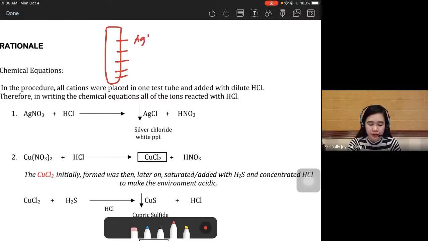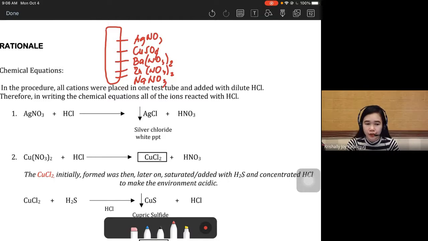We have the silver nitrate, cupric sulfate, barium nitrate, the zinc nitrate, and lastly the sodium nitrate. So lahat ito mixed in one test tube, and the main goal is to separate each ion.